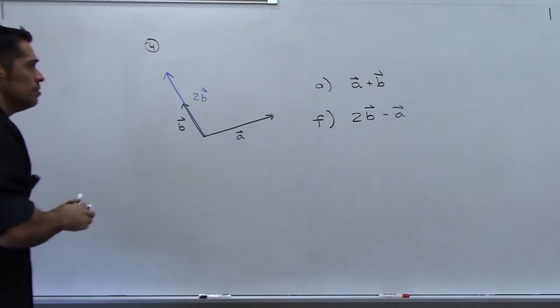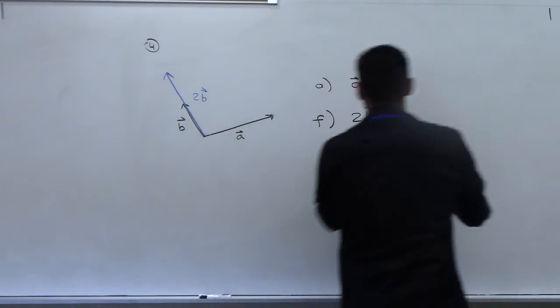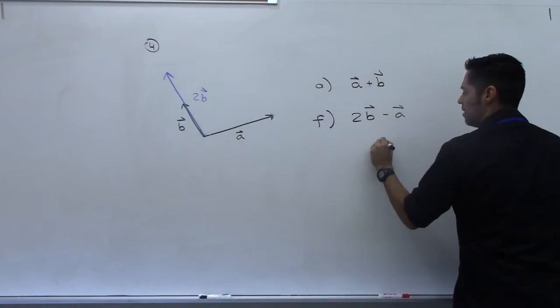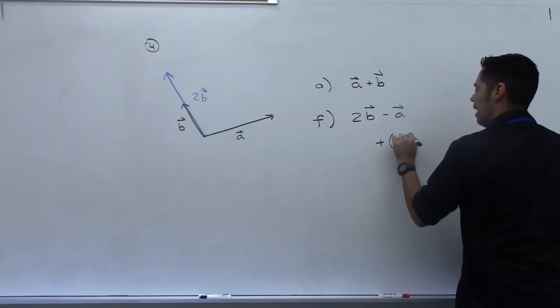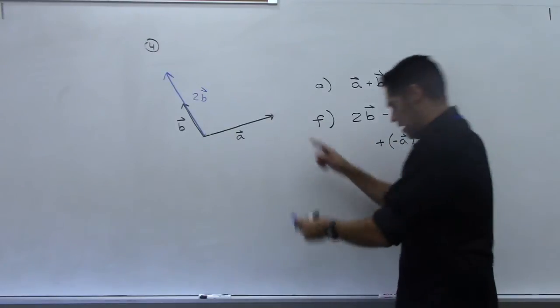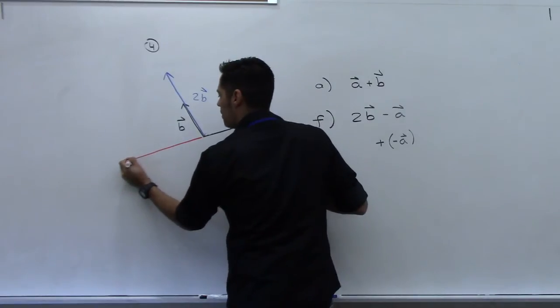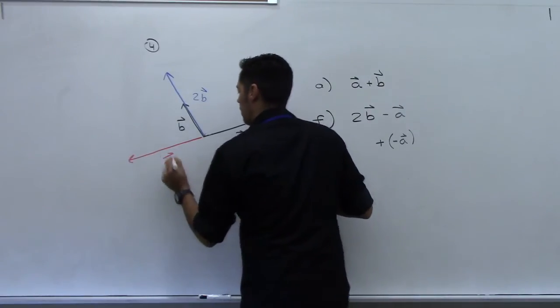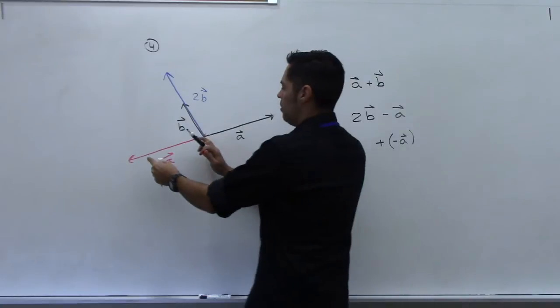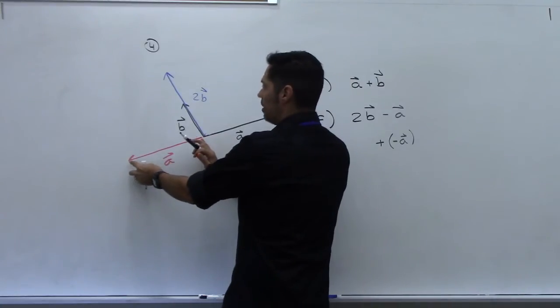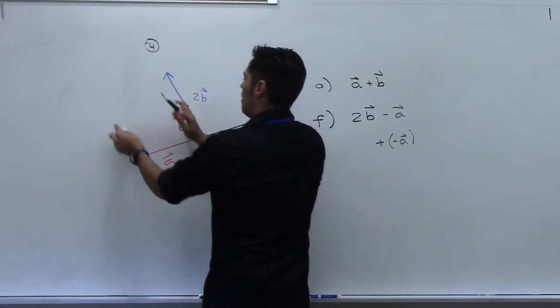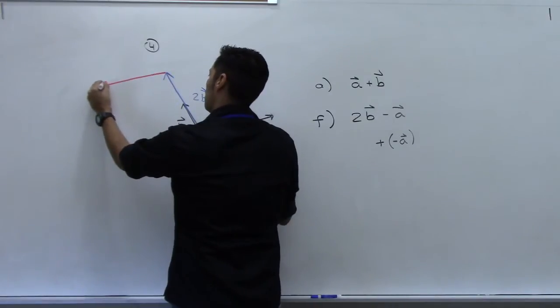And then what I want to do is subtract A, which is the same as adding negative A. So if this is A, negative A is pointed in the opposite direction, same length. And then what I'm going to do is attach the tail of this to the tip of this one. So I'm going to slide that up like that.